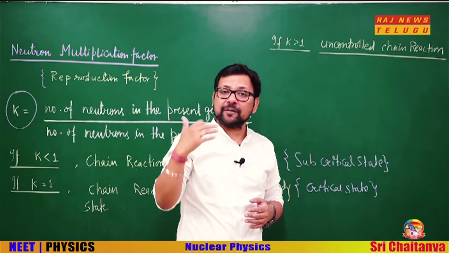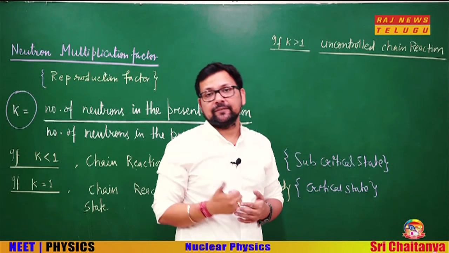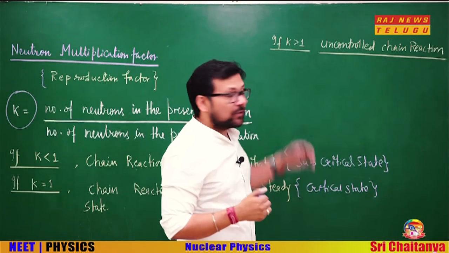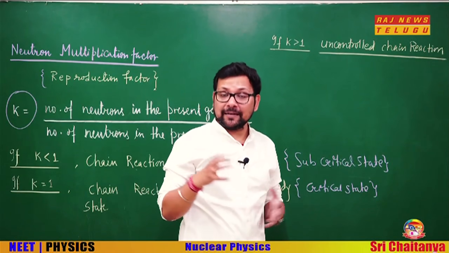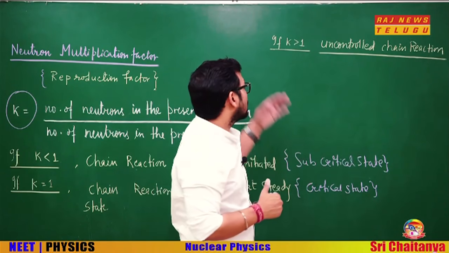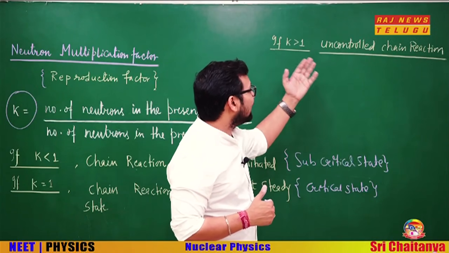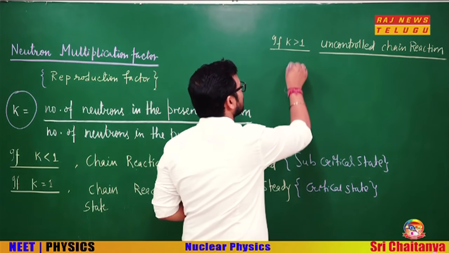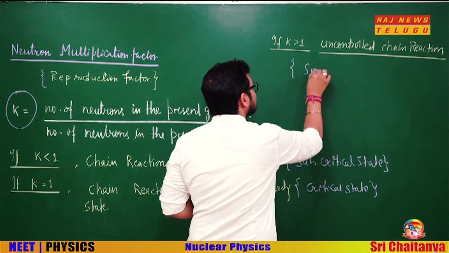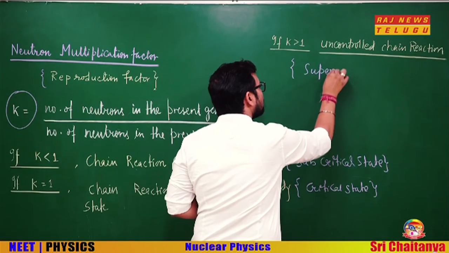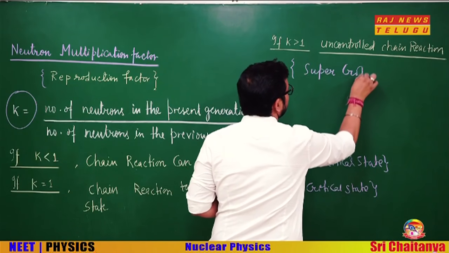In this, in geometric progression, it will keep on increasing. An example for this, I have already told you, is the atom bomb. So K greater than 1, an uncontrolled chain reaction, is called the supercritical state.